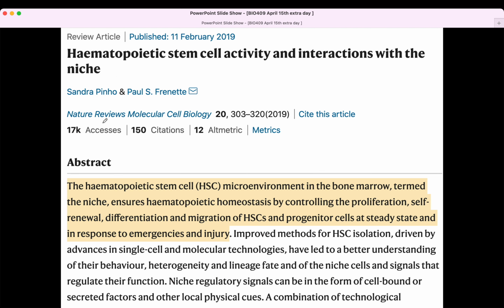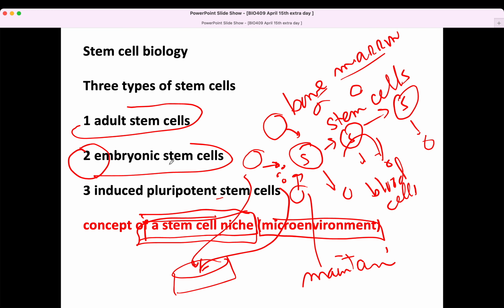Okay. And so here's just a journal article where they're using this terminology of microenvironment, or again a niche. And a niche is a word from ecology, and it's where the organism lives. It's in its environment.